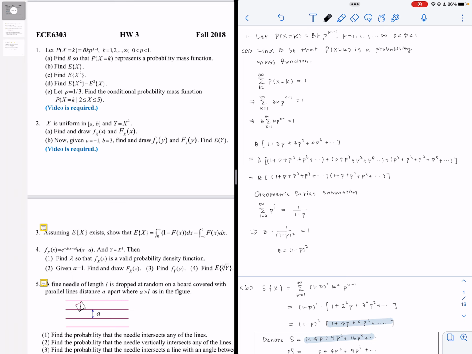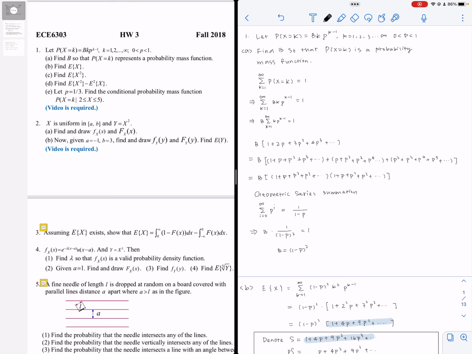So we know that if it is a probability mass function, then the sum of it should be 1. So when k goes to infinity, the sum of p should be 1. Here we can just do a little calculation and have a summation.